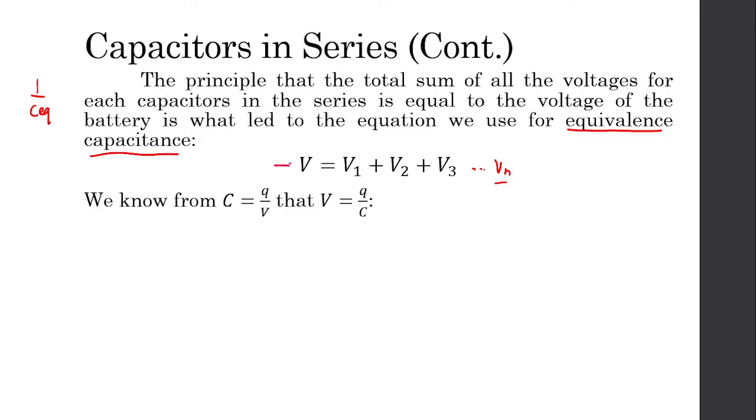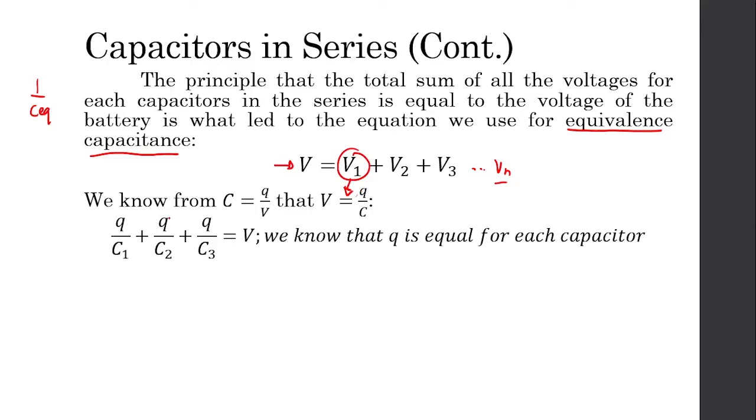So if we take this equation right here and substitute V1 with this value, we get Q over C1 plus Q over C2 plus Q over C3 is equal to V. But we know for a series that the Q are all equal. So we can pull out Q separately.